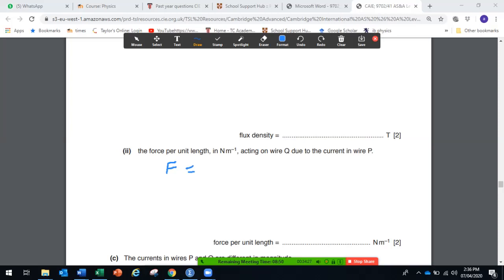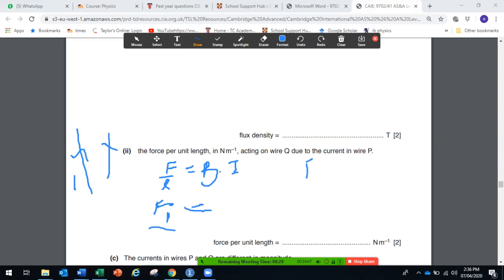Force per unit length. So they want F over L equals BI. Okay. If you want the force, let's say you have 2 wires. Let's say you want the force on wire 1, F1.